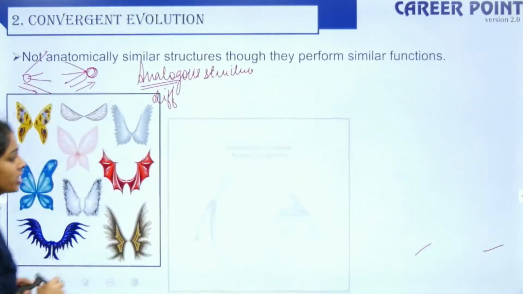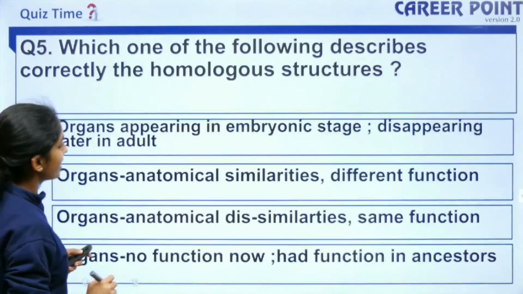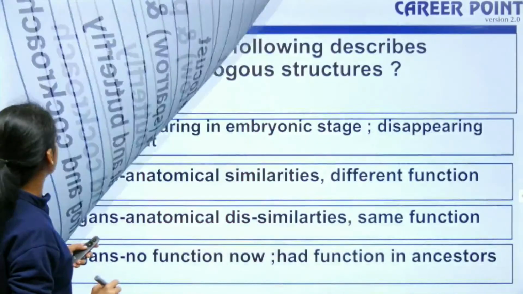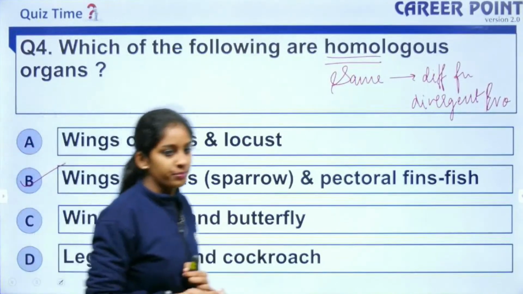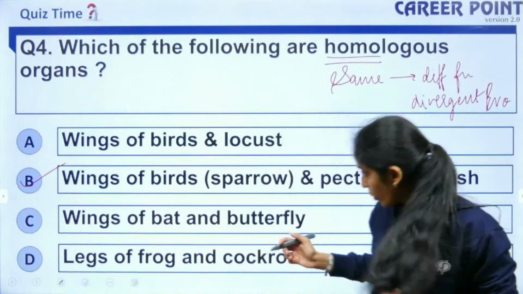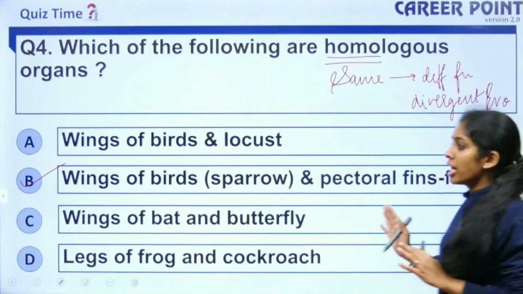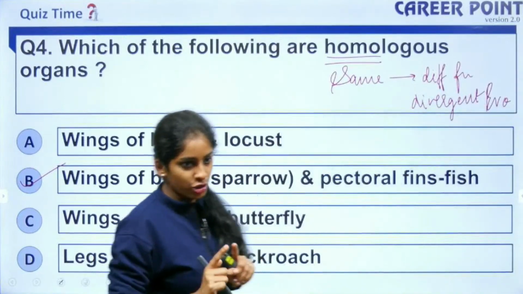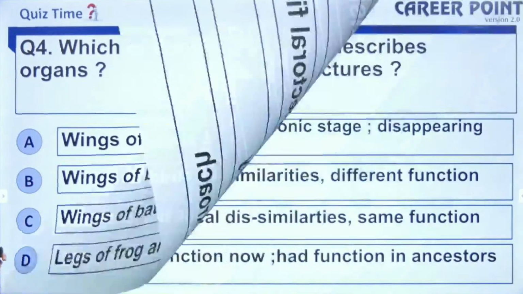So here it is option A. No Krishna, it is not option D, it is option B. Because the wings of a bird and the pectoral fins have the same type of homologous structure. Yes Anthony, B, you're right. Satyendra also says B.